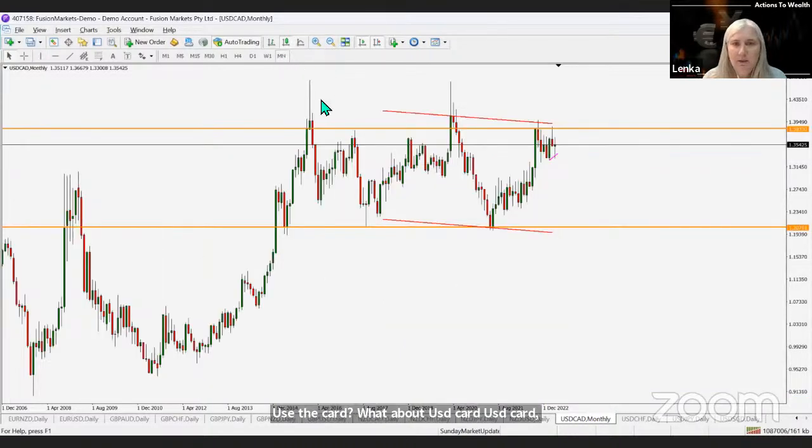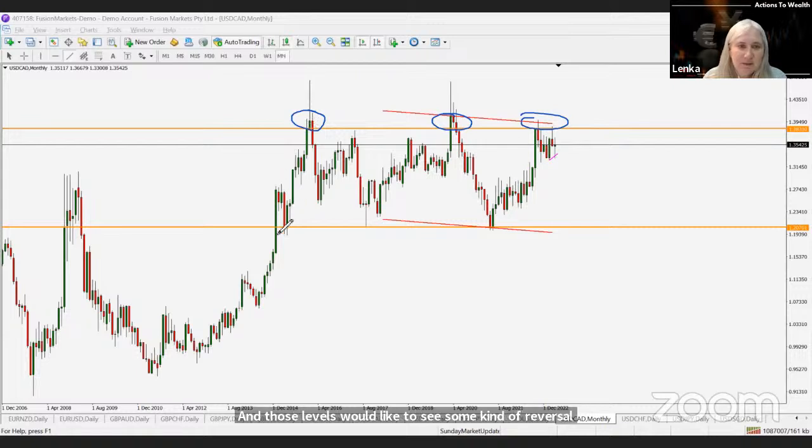I like USD CAD. So USD CAD, we have, oh, hang on. This is on the monthly chart, right? Previous level of resistance, and again resistance, at those levels. Would like to see some kind of reversal there.